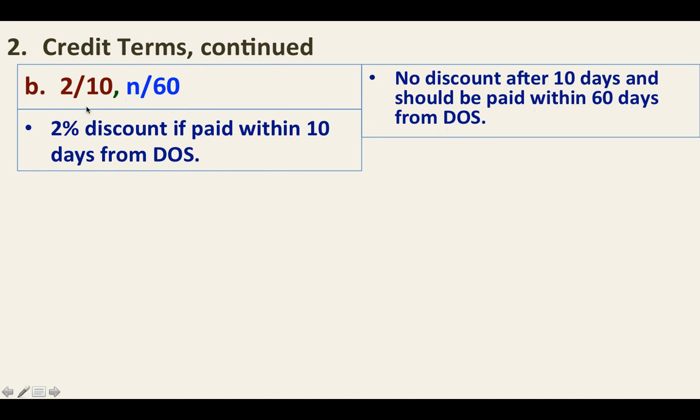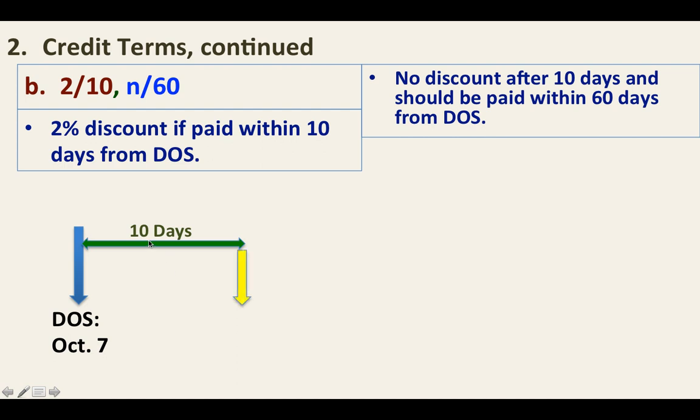Ito yung n/60. Okay? So, if we have our date of sales is October 7, then our 2% is good for 10 days. Okay? So, kailan dapat natin bayaran para ma-avail natin yung 2% discount?